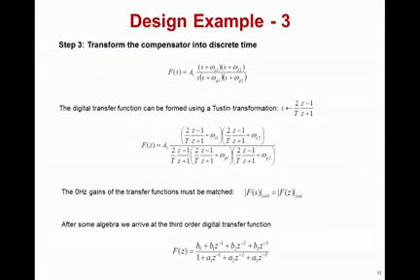We now want to transform our compensator into the discrete time domain. We do this by taking the final form of the equation from the analog compensator and substituting in the Tustin approximation values for all instances of s. An important step after making this substitution is to be sure that the 0 Hz gains of the transfer functions are matched.